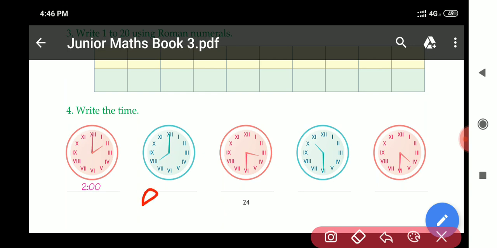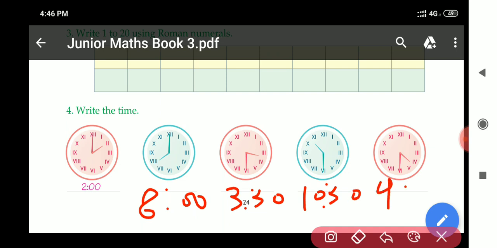So this is 8 o'clock. This is 3:30. This is 10:30. And this is 4:30. Okay, so here exercise 3A is completed.